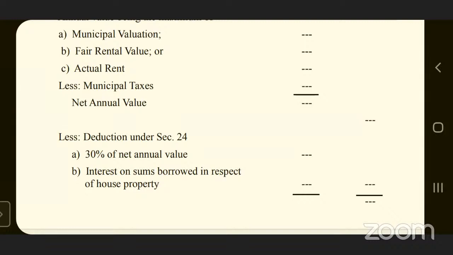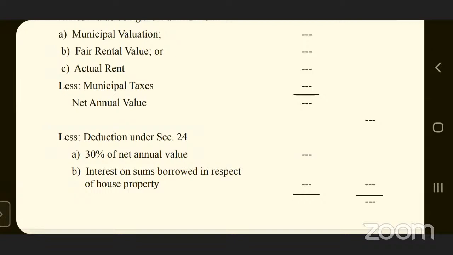If the government allowed it at our wish, we might try to claim as much as possible for repairs and maintenance. That is why they do not allow it as per our wish. They give this 30% of net annual value for the purpose of maintenance. They do not mention it like that here, but it is for that purpose only.